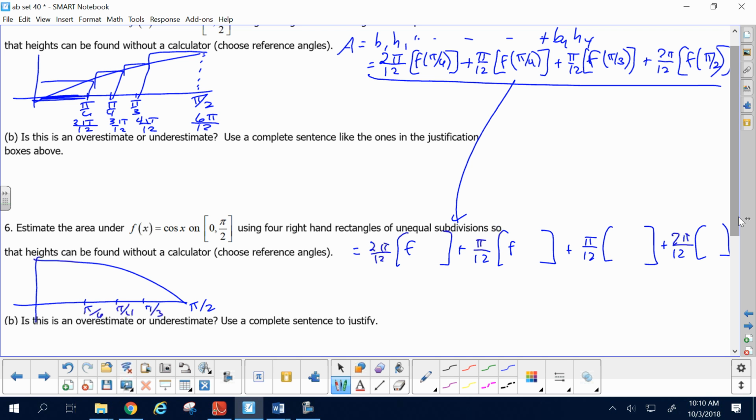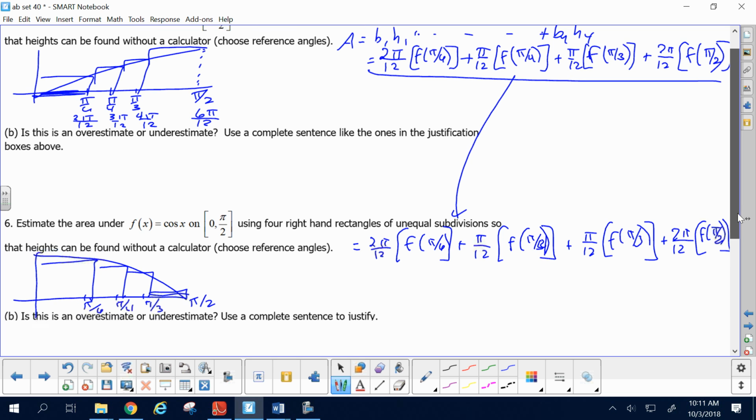And in fact, because it's right rectangles, it's going to be the same reference angles, f at pi/6, f at pi/4, f at pi/3, and f at pi over 2. The trig will all be different, obviously, sine instead of cosine. All right, does that get you going?